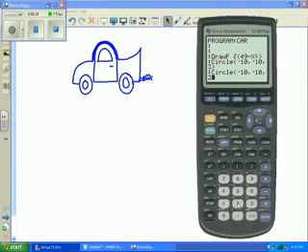So let's see what a radius of 2 would look like. Here we go. Okay, I like that.